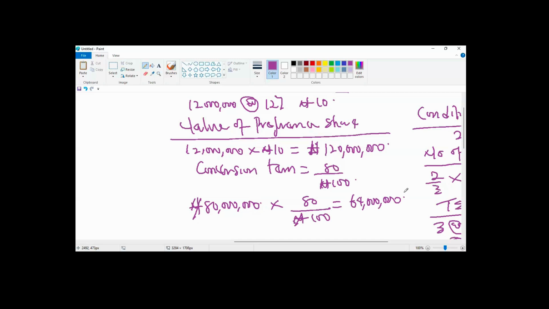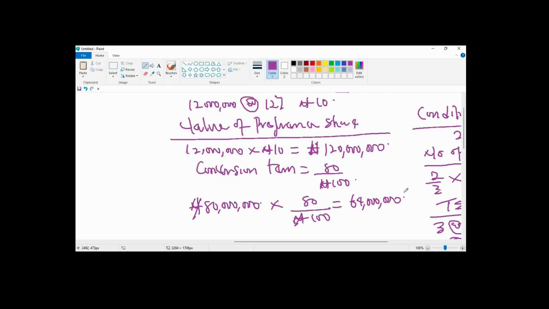Yes sir, I'm with you, my brother. Talk. This 80 million, I don't understand how we got the 80 million again. Go down to the additional information. They say on 1st October 2023, holders of 80 million, 12% conversion rate.